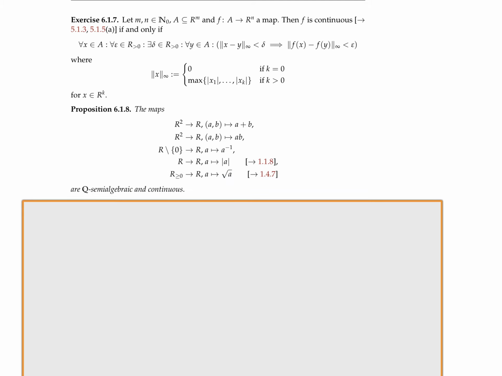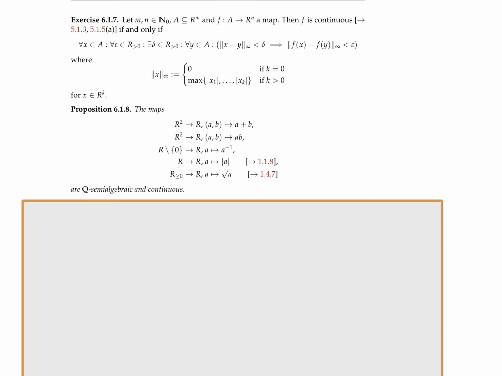So the next proposition is that the following maps are Q semi-algebraic. Actually, that's the strongest form of semi-algebraicity, and in particular, they are then semi-algebraic. And they are continuous, where here I have a product topology of the order topology, here I have the order topology, and here I have the topology induced from R, and here also.